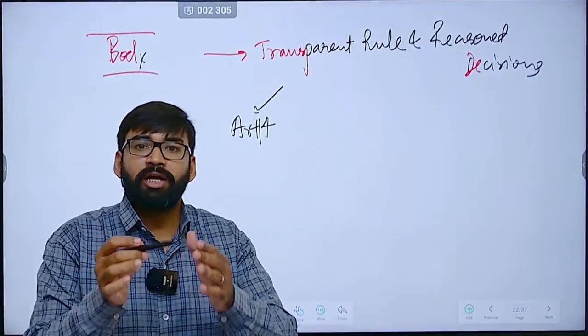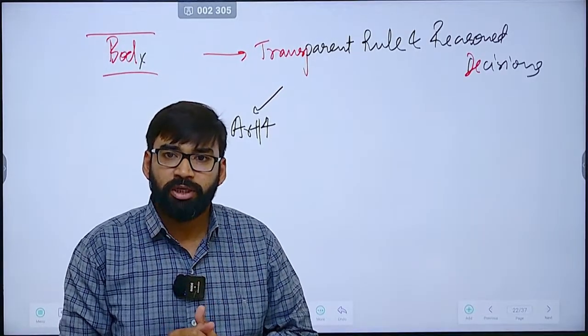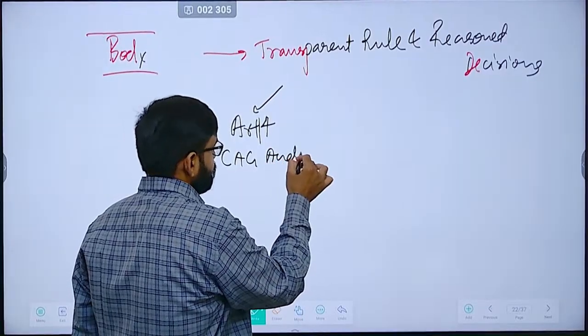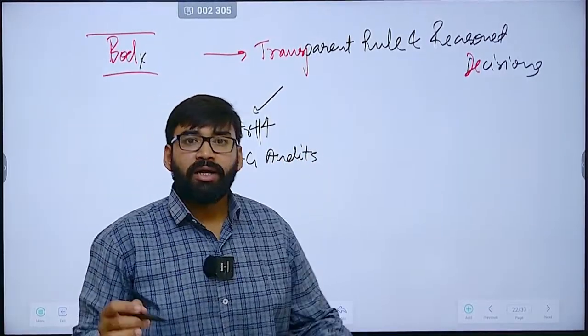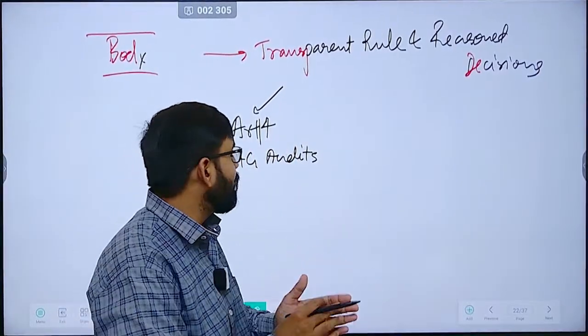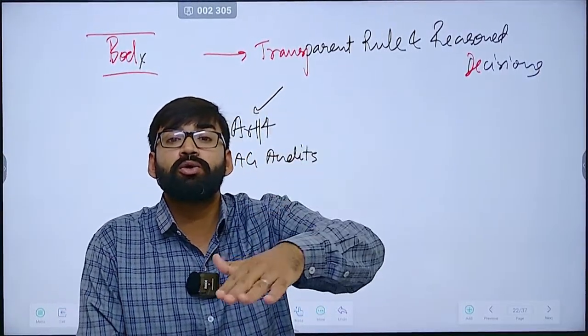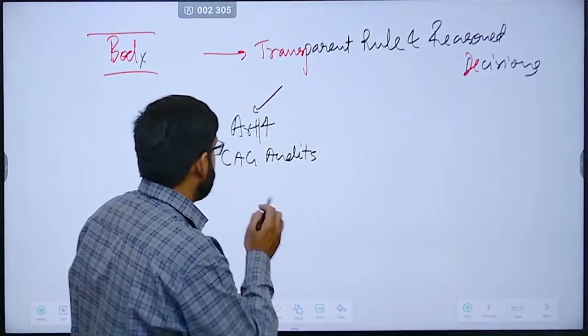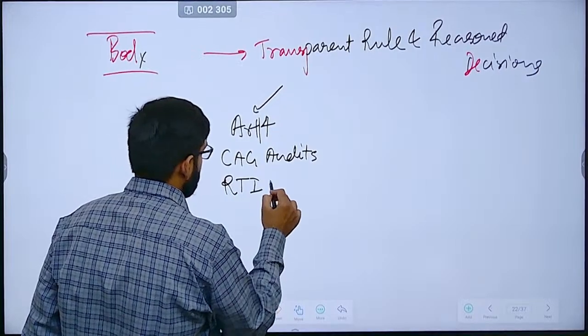Clear? So it also reflects what? Article 14. It also reflects the CAG audits. Then parliamentary committees. Clear? Parliamentary committees which ensure what? It ensures scrutiny.